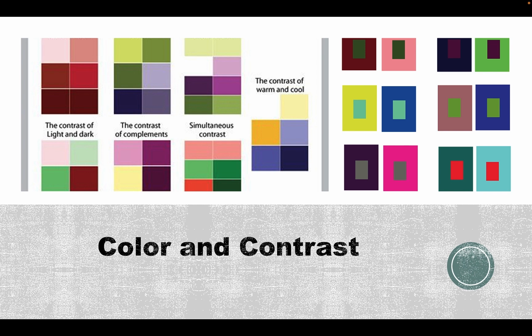And then the image that I have on the right is looking at how when you choose different colors that you combine and put next to each other, you can actually create different illusions. And I don't know how well this is going to be communicated through the video, but the color in the center of each of these is the same color, but depending on the color that is next to it, it can make those colors in the center appear to be different.